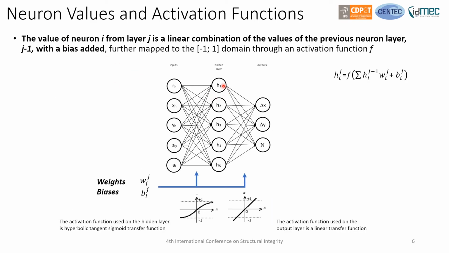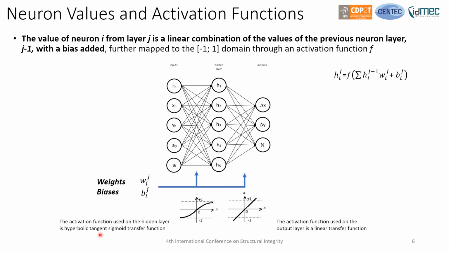The value of a given neuron on a given hidden layer is actually a linear combination of the values from the previous neuron layer with a bias added, and these values are further mapped to a -1 to 1 domain through an activation function. This activation function can be a hyperbolic tangent sigmoid function or a simple linear transfer function, and both of them are present in the neural network.